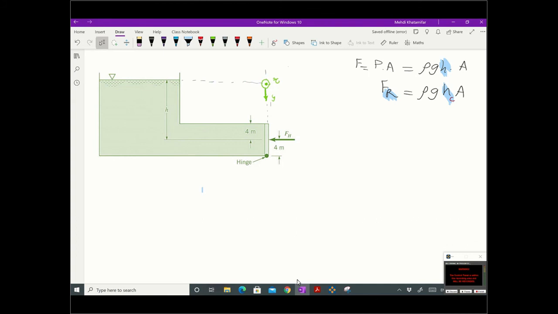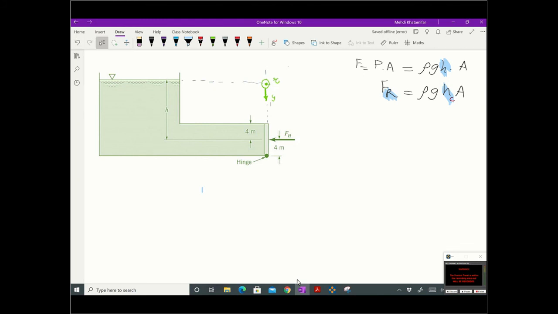Find y-r. There's y-r. Now I'm going to say summation of moments about hinge h must be equal to 0. So fr times this distance, let's call it yn, must equal fh times 4.